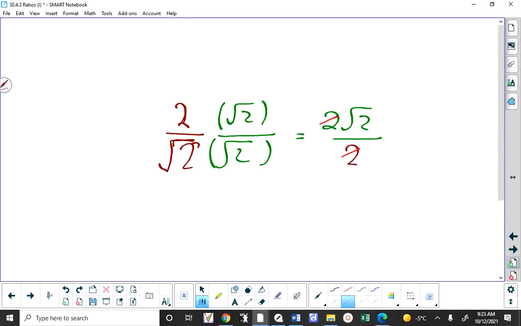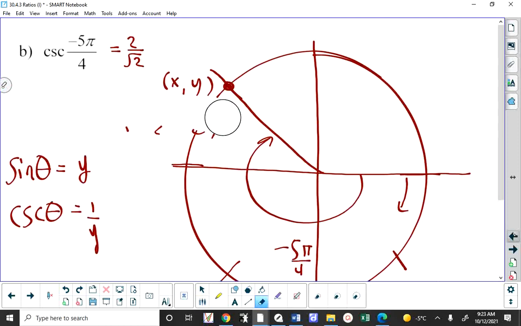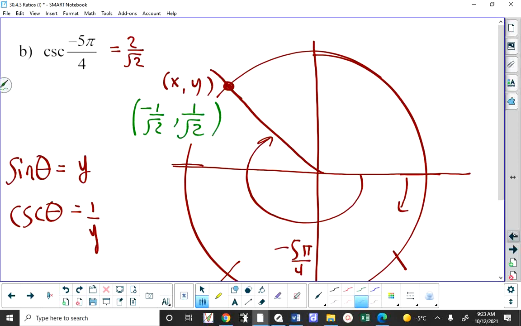What happens is the 2's cancel and you're left with root 2. You may have seen that quicker had you recognized that we could have said those were the coordinates. And when I take the reciprocal, I get a nicer number. I get root 2. Any questions with B?